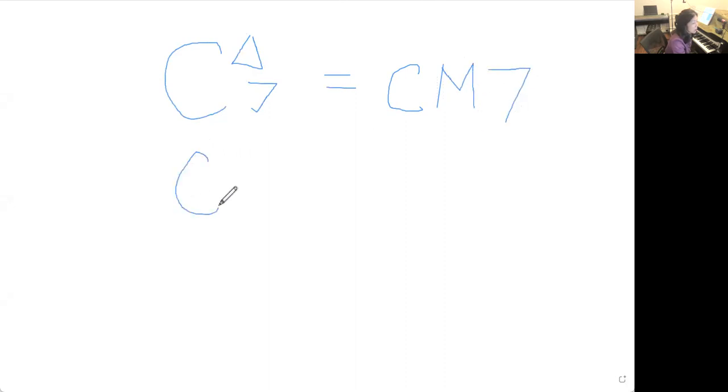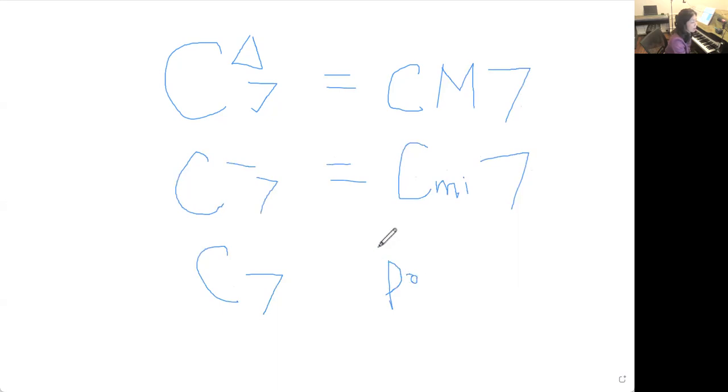And then C minus 7 means C small m, or sometimes mi 7, minus 7. C7 is a dominant 7. It's always dominant 7.